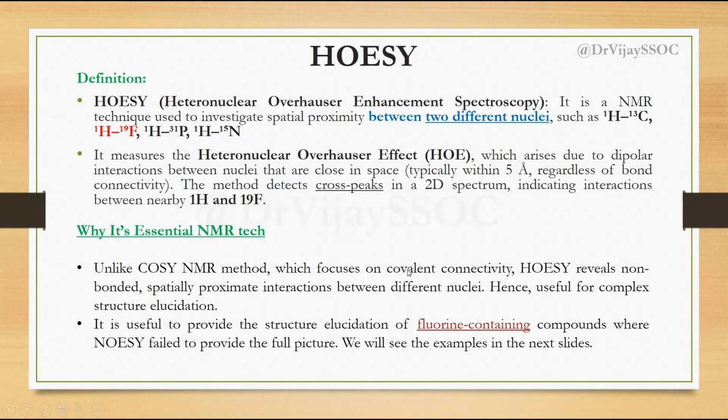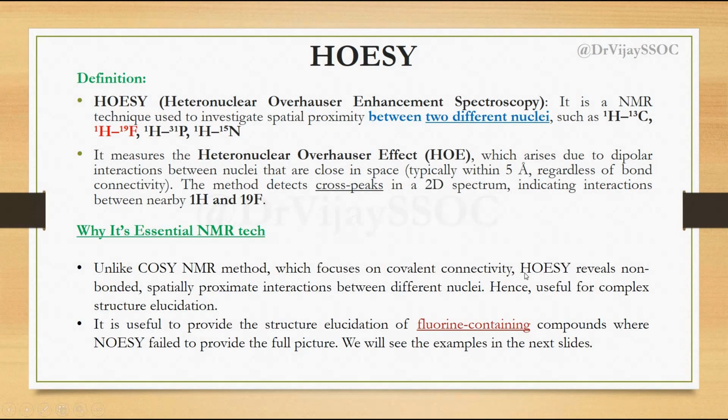So why is it essential? Unlike the COSY NMR method, which completely depends on bond connectivity and can only measure up to 4-bond coupling, 5 is impossible to see. Therefore, COSY can't be used to see long range coupling or long range interactions between the protons.